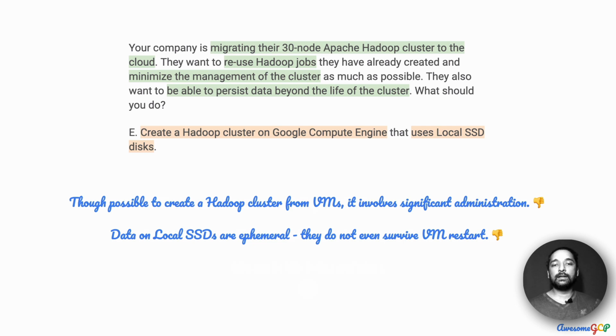However, the data on it is ephemeral. When the VM shuts down or is restarted, we lose all data on the local SSD. So it does not even outlive a VM restart, leave alone the entire cluster. Therefore, it does not suit our requirement that the data persists beyond the life of the cluster. And for both these negative situations, we are having to eliminate option E.